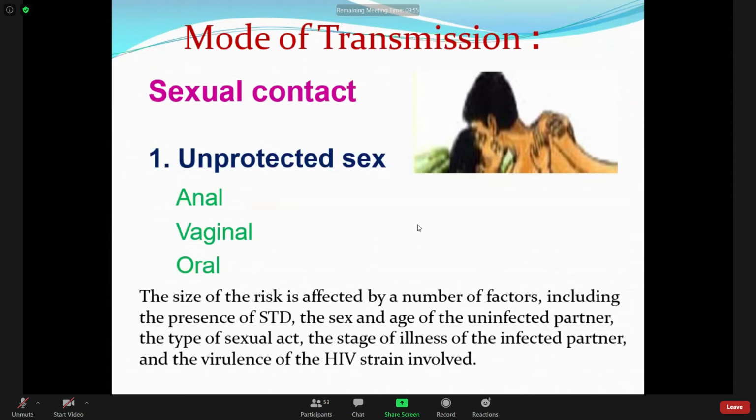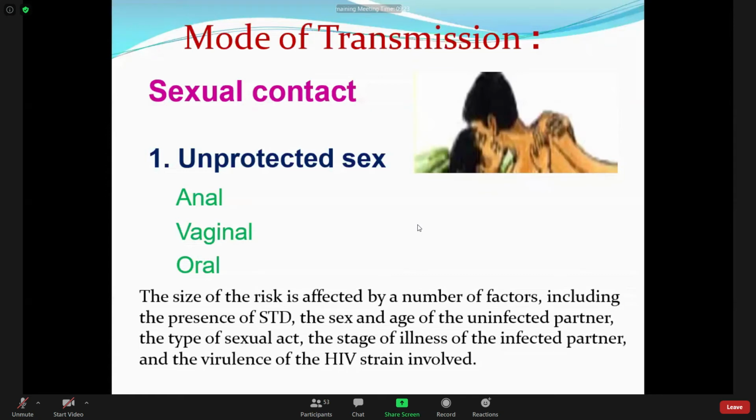Obviously, the risk of transmission is higher among female than male. Another reason is that semen has greater viral concentration than vaginal fluid. First is the exposure part, second is that viral load or viral concentration is higher in semen than vaginal fluid. So that is two reasons.